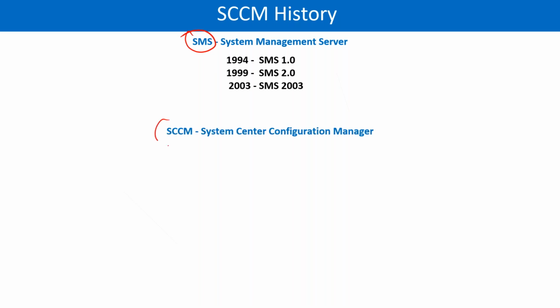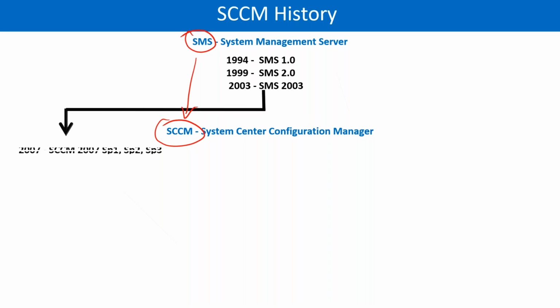Then Microsoft changed the name from SMS to SCCM, System Center Configuration Manager, and they released SCCM 2007, SCCM 2012, and then 1511. From 1511, they changed the naming convention again. Previously they were using SP1, SP2, R2. They stopped using those terms and started using year and month, so 1511: year and month.